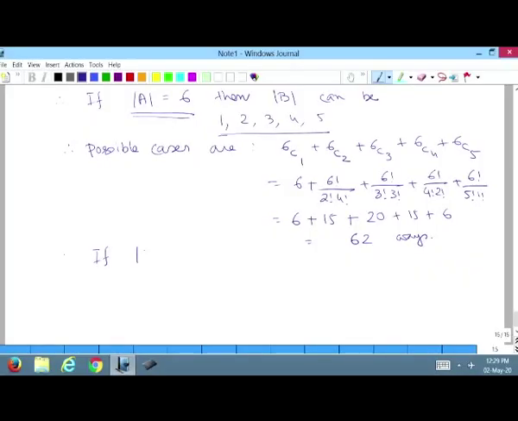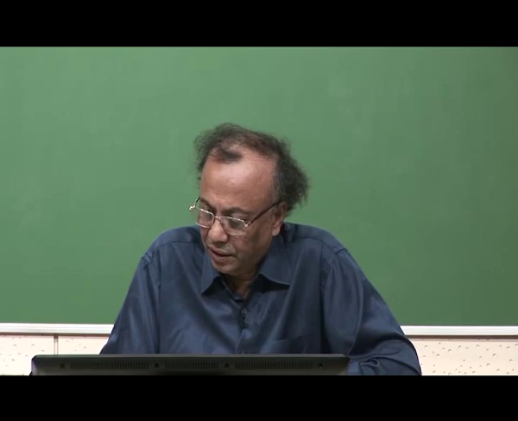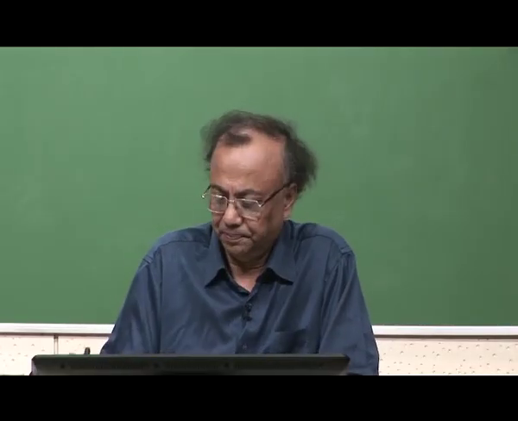If the cardinality of A is equal to 4, then the cardinality of B has to be 3, because 4 times 3 is 12 and that is a multiple of 6, and the cardinality of A intersection B has to be 2, because that has to be 6x, that is 12, therefore x is equal to 2.